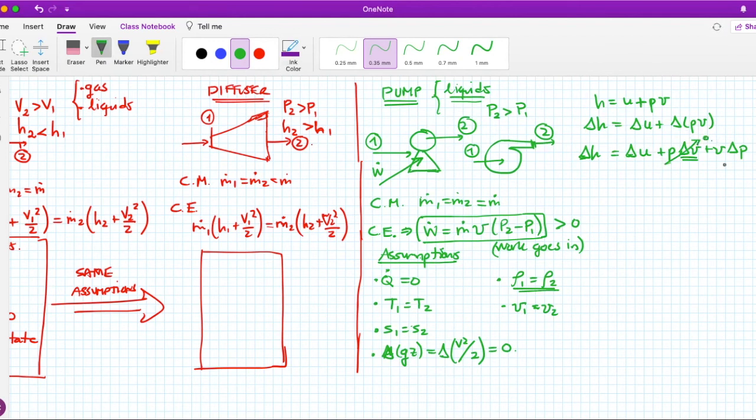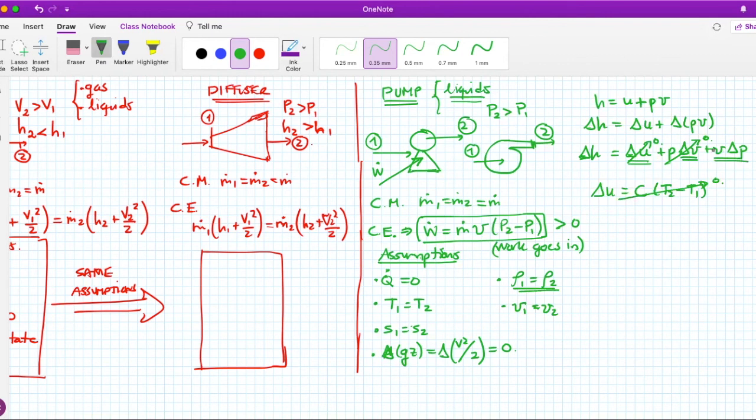Now, delta U for liquids is the thermal capacity times delta T, the change in temperature. And since pumps do not increase or reduce temperature, in this machine delta U is 0. Therefore, the only part of delta H that survives these assumptions is this one.